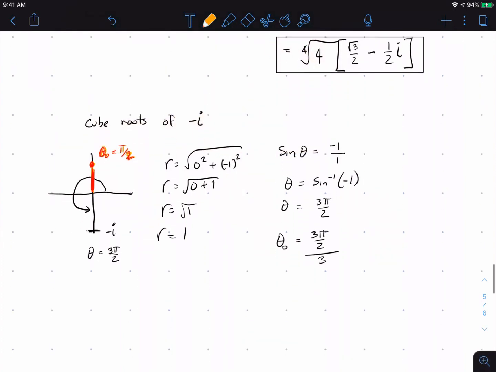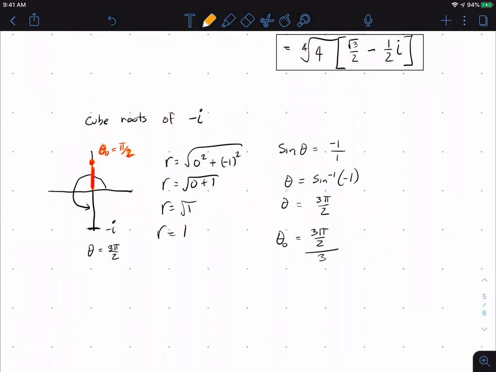Then adding 2 pi over 3 to that is going to put us somewhere over here, because 2 pi over 3 is 120 degrees.